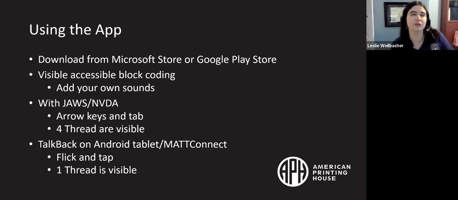And with JAWS or NVDA, it is fully accessible. You use your arrow keys and tab key to navigate the screen. You have 4 threads of code that are visible, and that corresponds to each port on the side of the hub itself.